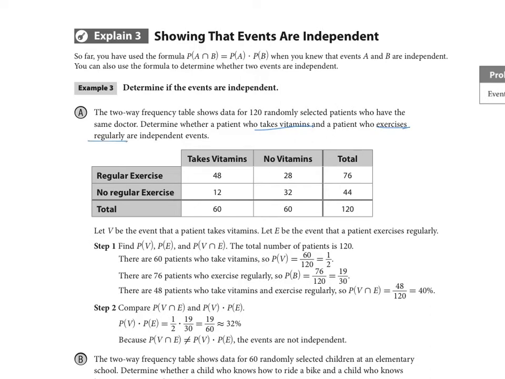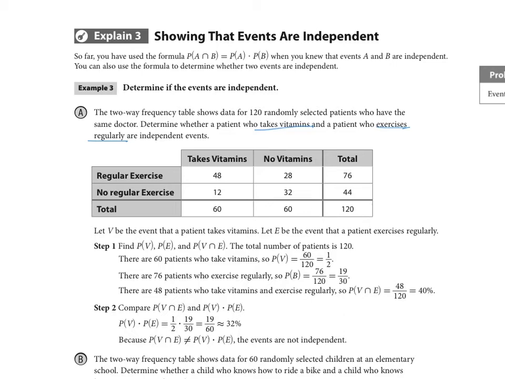We want to prove that they're independent. So let V be the event that a patient takes vitamins, and let E be the event that a patient exercises regularly. We're going to find the two probabilities separately, and also the probability of them both occurring, and see how those numbers compare.